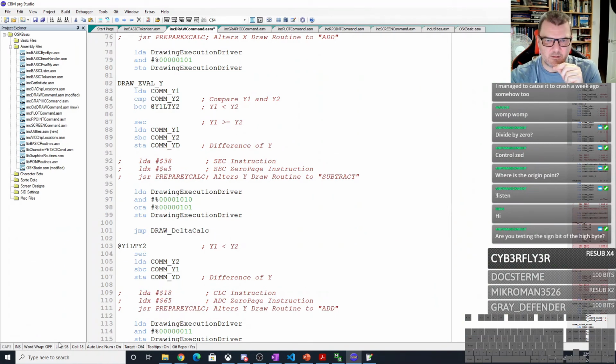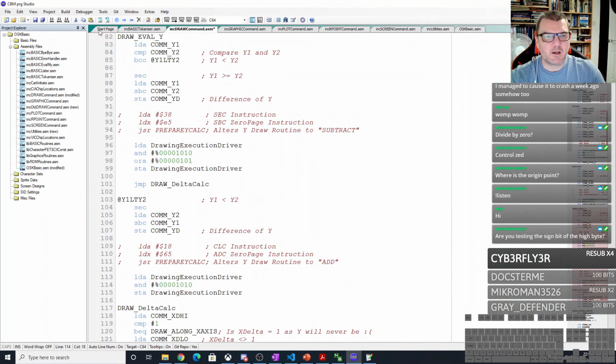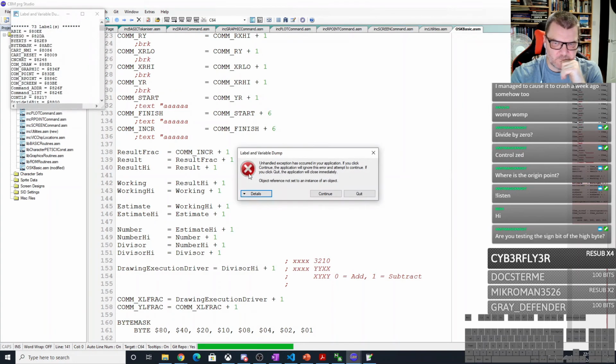If Y is greater, Y1 is greater than Y2. If it's the other way round, we need to do that. Okay. I think that's what was wrong with my logic. Oh, it's done it again.